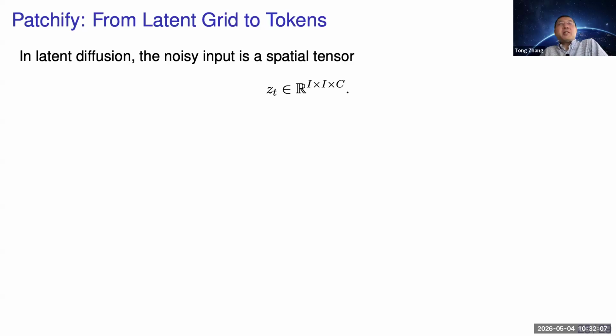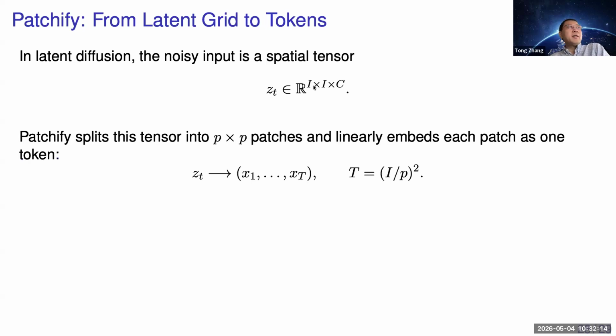Patchify, I mean, is pretty simple. Patchify basically says there are noisy inputs, and you patchify them into P by P patches, right? As in the example, it's a 32 by 32 by 4 input. And if p is 2, then essentially it's 16 by 16, so it's 256 tokens.